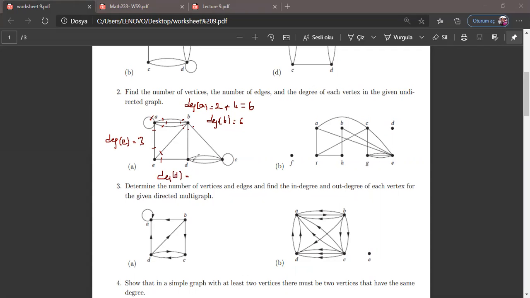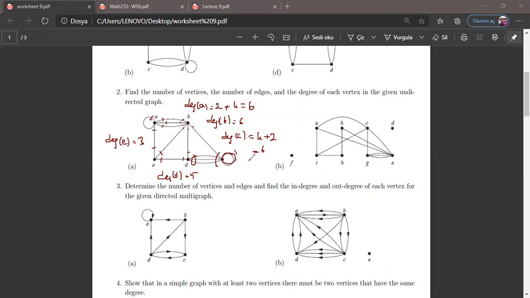The degree of D is 5. And what about C? Here we have 4 edges, so for each of them we add 1, so we have 4, plus for this loop we add 2.